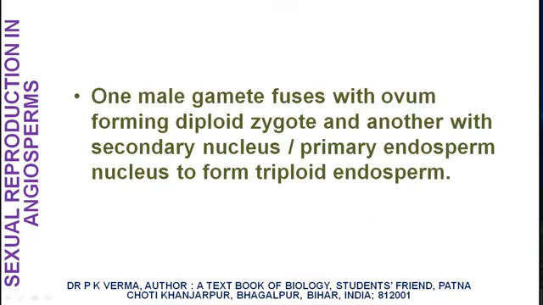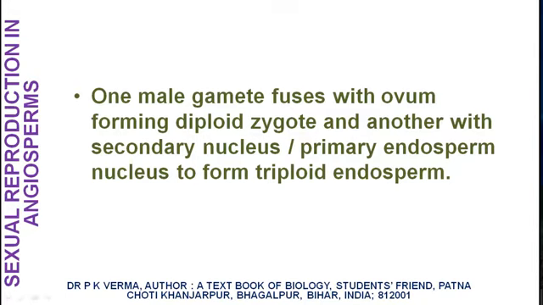One gametic nucleus, that is the male nucleus, fuses with the secondary nucleus or primary endosperm nucleus. This secondary nucleus or primary endosperm nucleus is diploid because the two polar nuclei have already fused earlier, that is, they have undergone first fertilization.